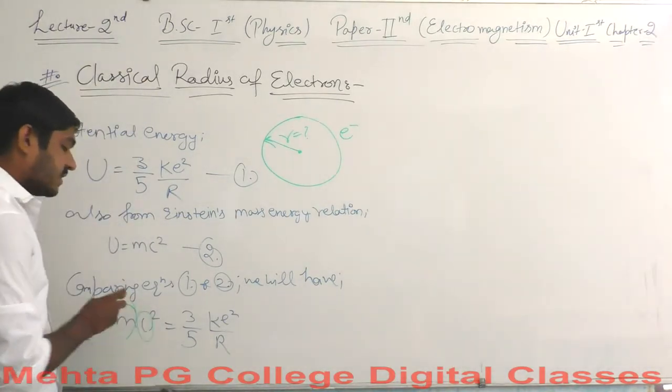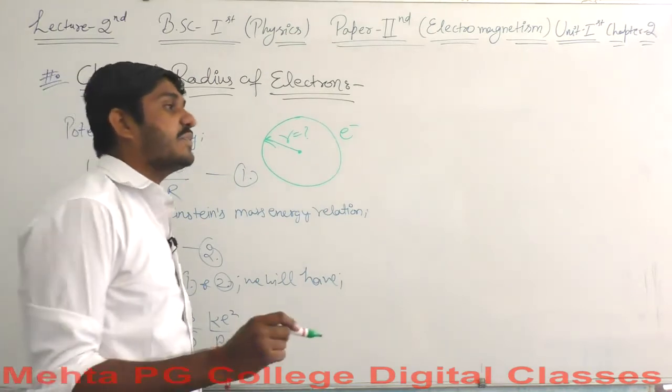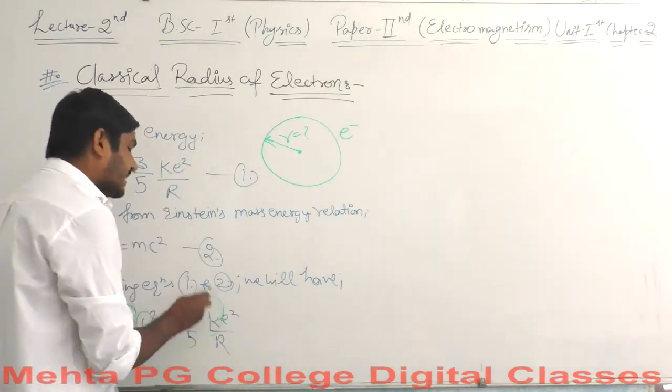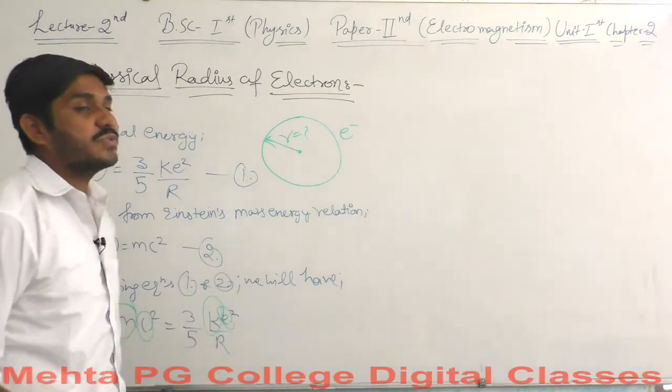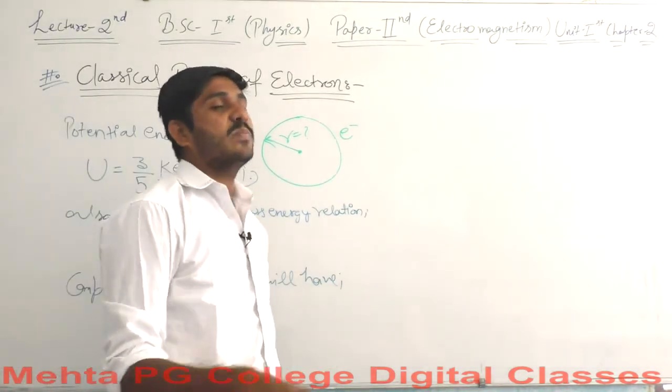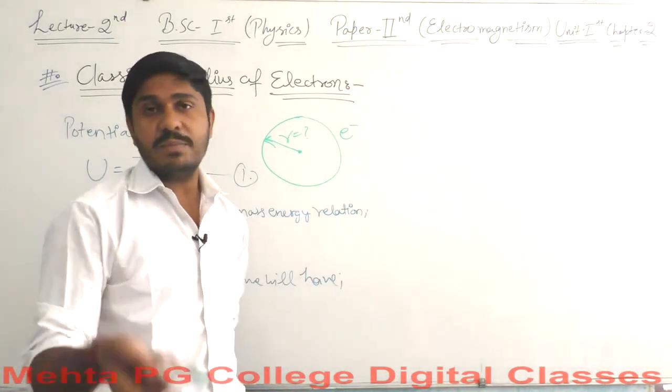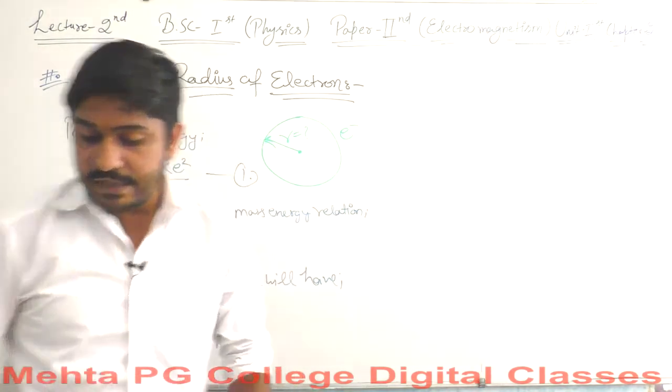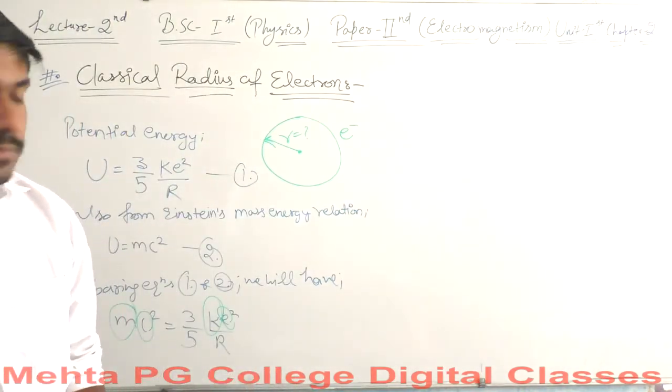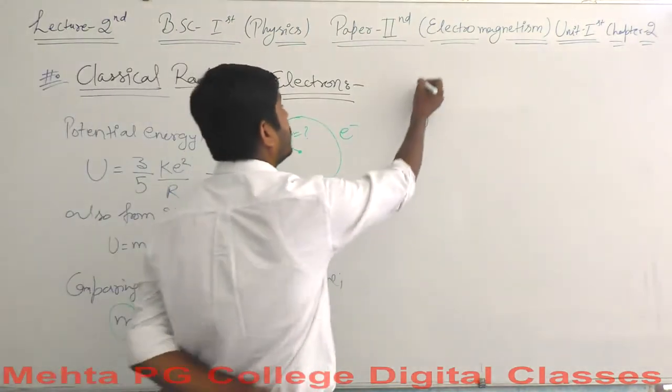Also the velocity of light, we know very well. Also the value of constant K is known, and the electron charge value, which is 1.6 into 10 to the power minus 19 coulomb, is also known. So we are supposed to calculate R by now.